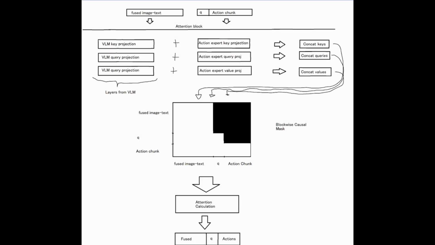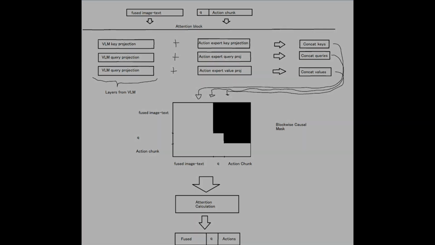So as you can see here, the only place where the actions actually get to interact with this vision language model backbone, which is providing all this contextual internet scale pre-training knowledge, is just through this attention layer as it attends to this vision language model's tokens.